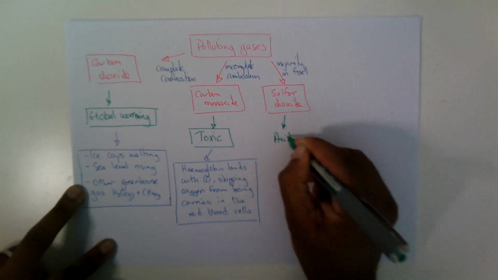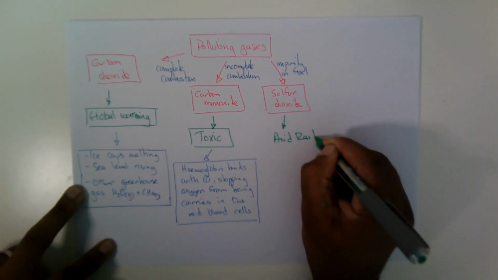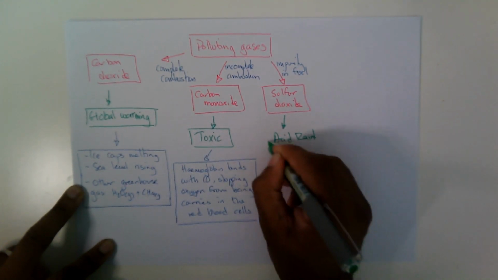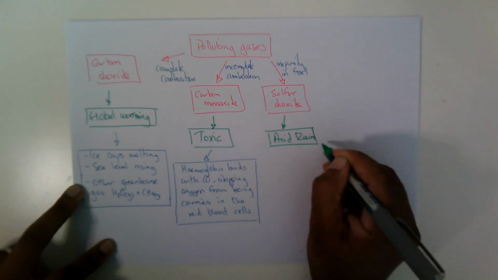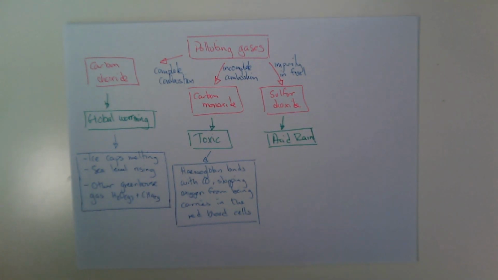Sulfur dioxide gets released into the atmosphere, goes all the way up to the clouds, mixes with water vapor, and produces sulfuric acid.